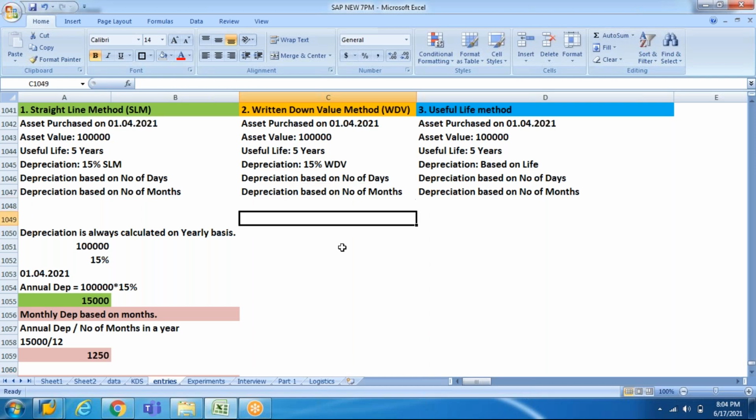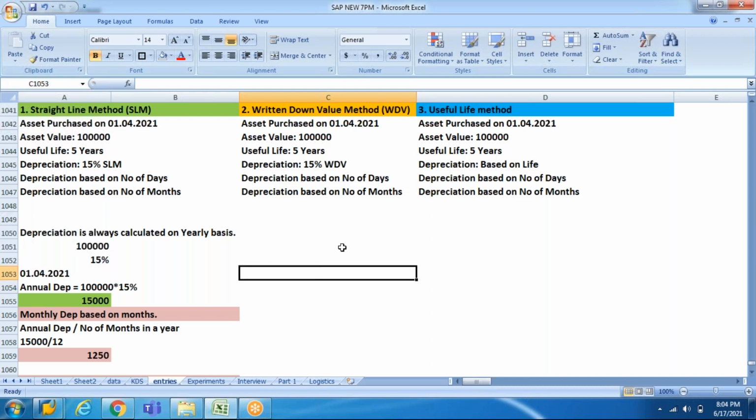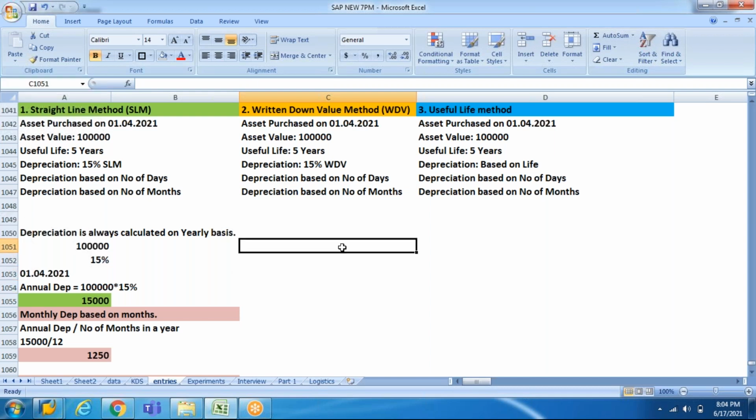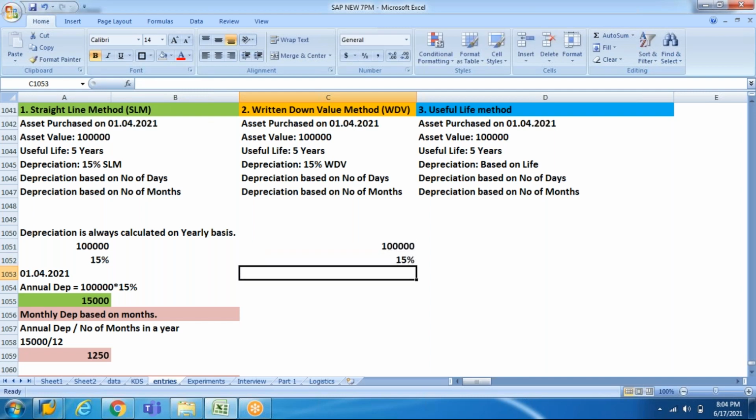Now for the WDV, what do we need? We again need the same things. 1 lakh is the asset value, 15% is the rate, and the depreciation start date or asset purchase date is 1/4/2021.